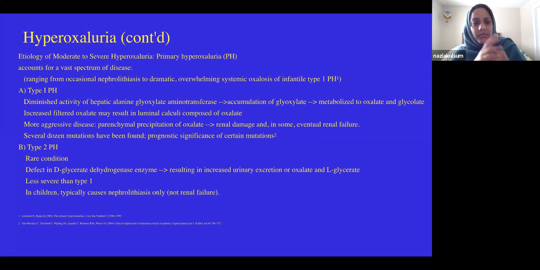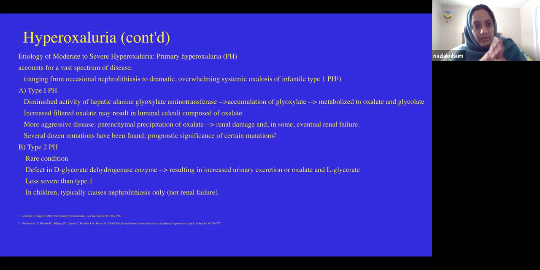Type 1 is because there's diminished activity of hepatic alanine glyoxylate aminotransferase. And eventually what it causes is abundant oxalate production. All this oxalate will then deposit in most of your organs: liver, kidney, bones. Again, it's a very overwhelming disease.